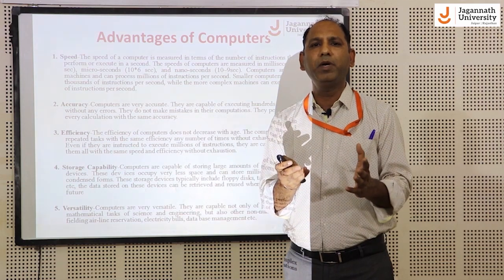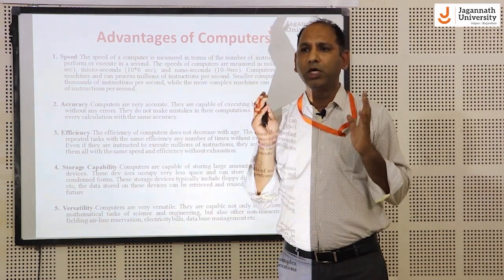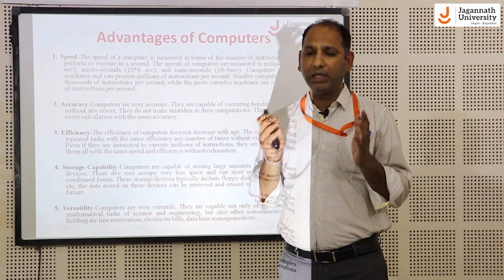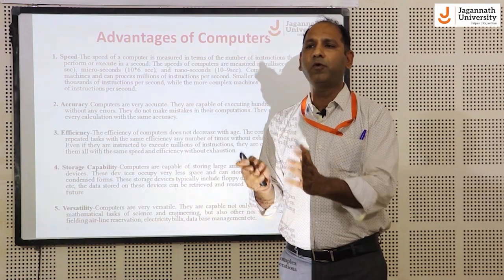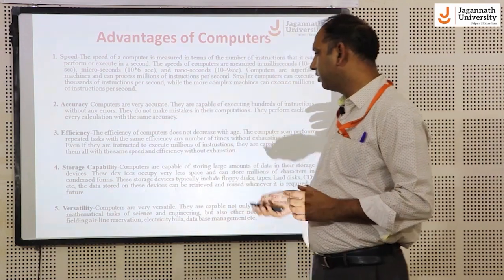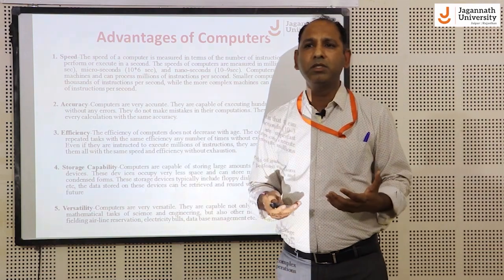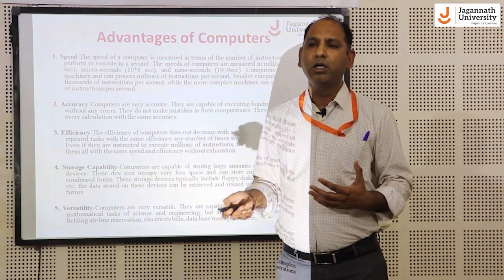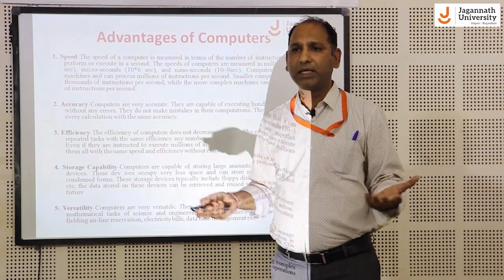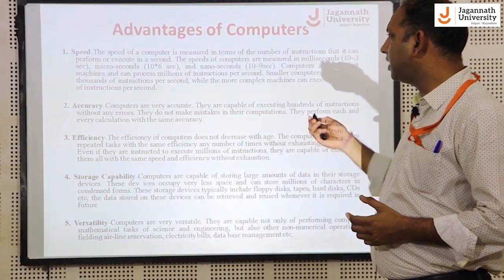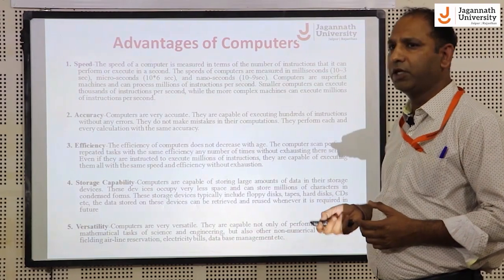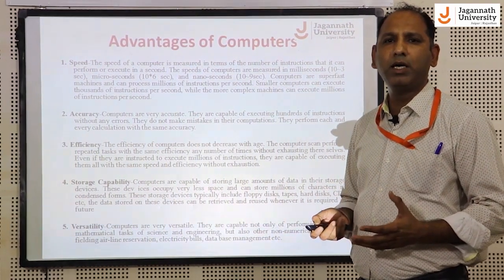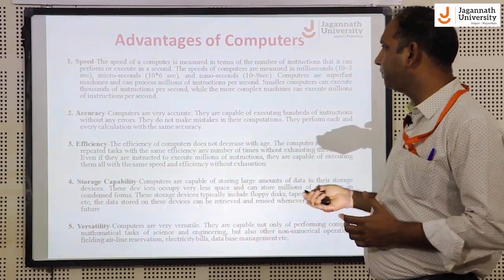Storage capability is very important because many data are stored in permanent form on hard disks. Versatility means that many types of operations are performed by the computer system, so it is versatile. These are the very effective factors that show the importance of the computer.